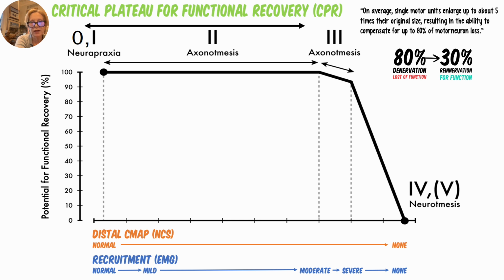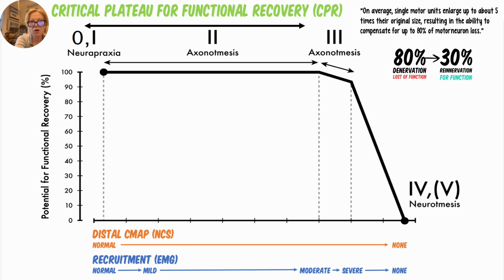So look below and you can see that the CMAP, which we would see on the nerve conduction studies, goes from normal to nothing as you move from the potential for complete recovery: neurapraxia, axonotmesis, and neurotmetic. The axonotmetic will have a full recovery, but it has to do a little work to collaterally sprout.